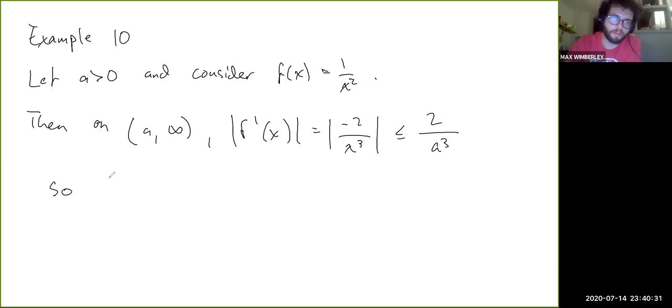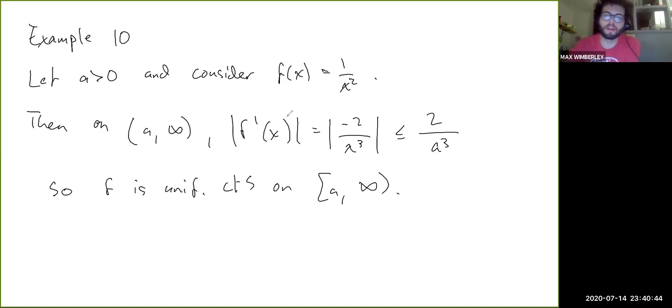So f is uniformly continuous on a to infinity. This is a very easy way, obviously assuming we know how to differentiate f, which is a whole other thing. But if you take for granted that we know the derivative of f, then this theorem gives us a very easy way of assessing that f is uniformly continuous on any interval of this form.